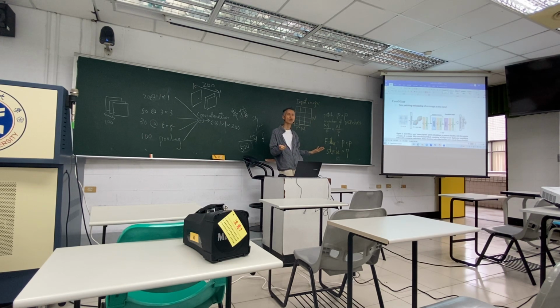What is the purpose of that? You can find the correlation or spatial relationship between patches. Because in the original, when you use a filter, you just look for information in the neighborhood, but for this one, you can find information across a far distance.